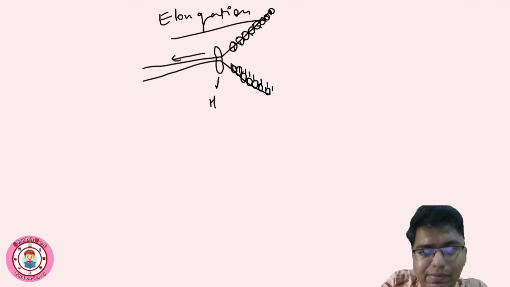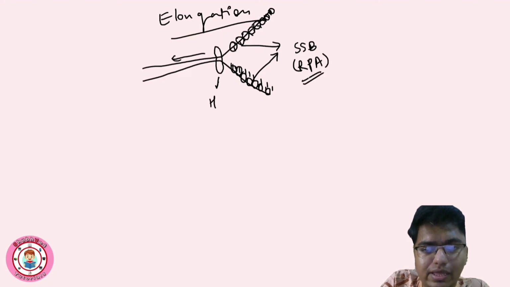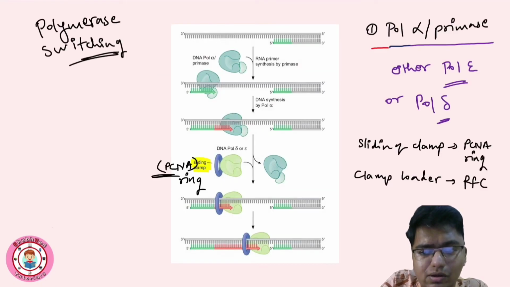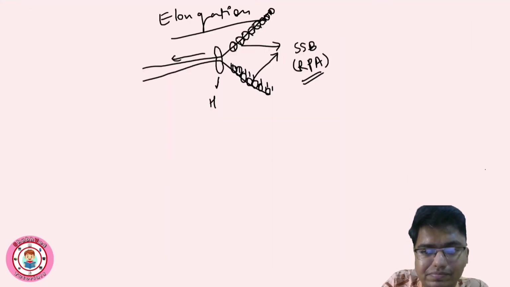So it is a stabilizing protein, SSB. In eukaryotes, the protein is known as RPA, replication protein A. And here RFC is the clamp loader, replication factor C, right?